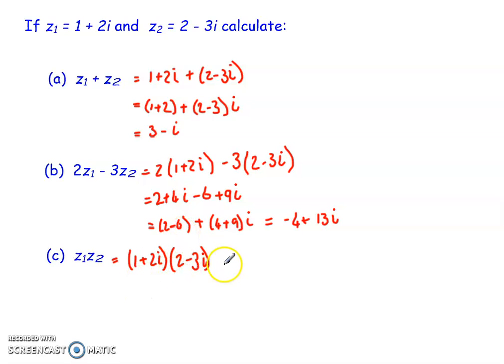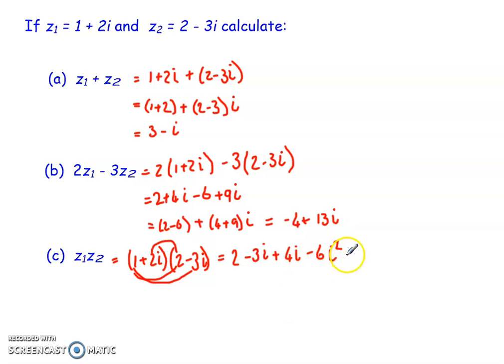I get 1 times 2, so I get 2, then 1 times negative 3, so I've got minus 3i, then 2i times the 2, so I've got plus 4i, then plus 2i times negative 3i, that gives me negative 6i squared.